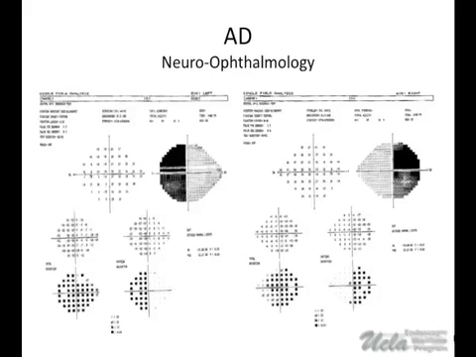So we look at acuity, we look at the fields, we look at color vision, and we look at pupillary findings. And the pupillary findings are often important in a case like this. They can be difficult because where there is symmetric loss, you might expect the pupils to be sluggishly reactive to light. But our standard optic neuropathy pupil finding is the so-called afferent pupillary defect, or the Marcus Gunn pupil, and that requires some asymmetry between the two pupils.